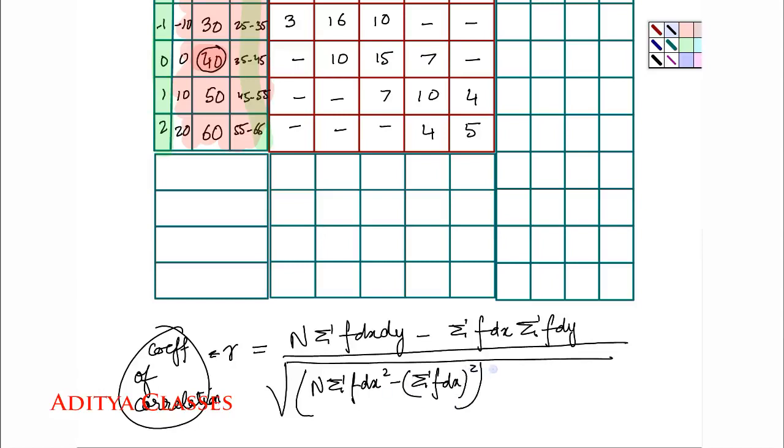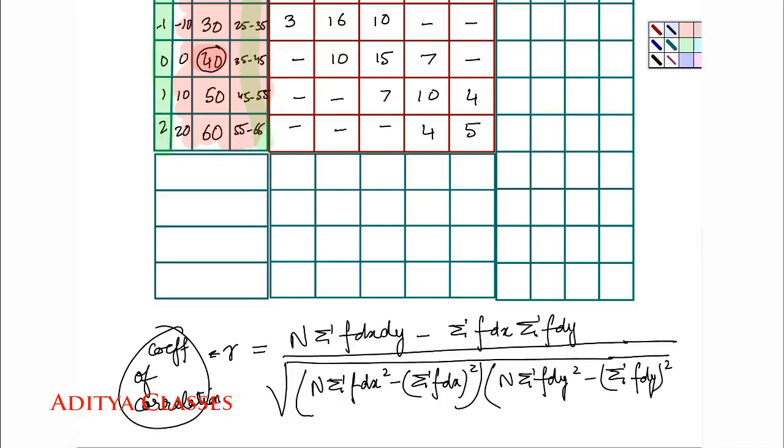This is my first term. Similarly, I will have a term for y also. That will be n sigma f dy square minus sigma of f dy whole square. So this is the formula.